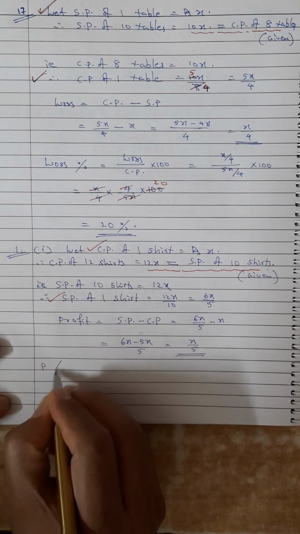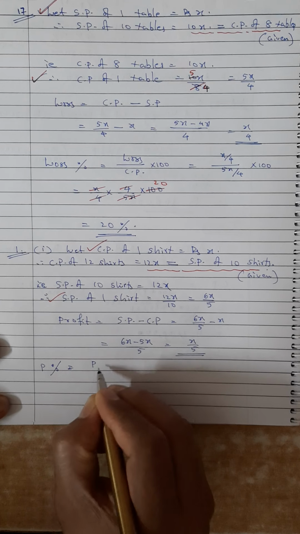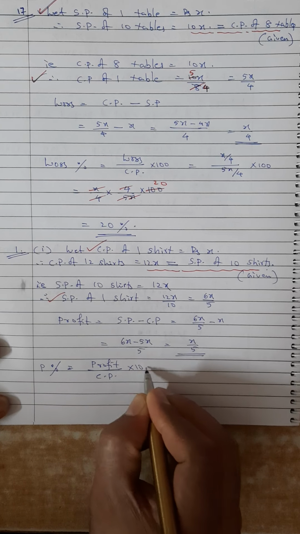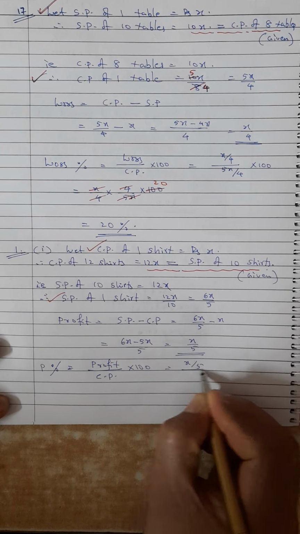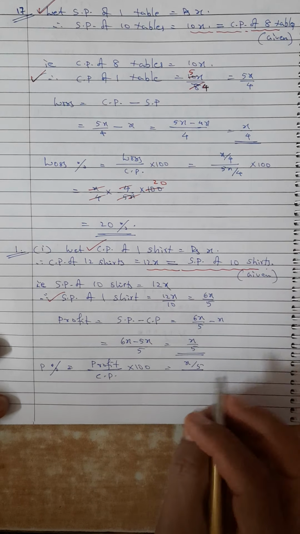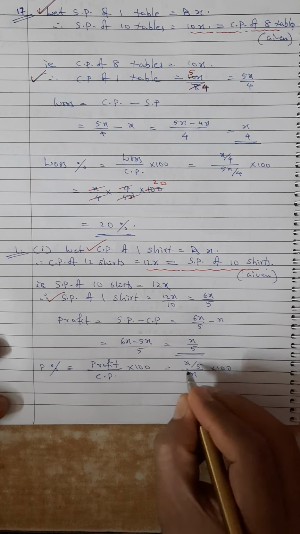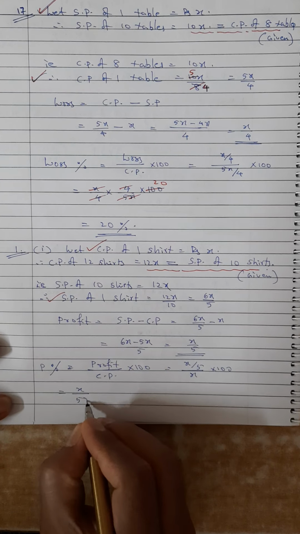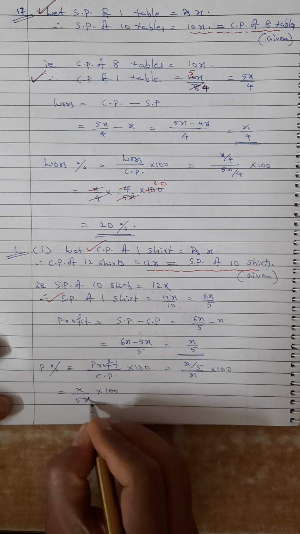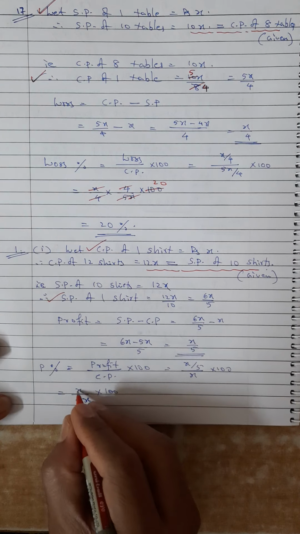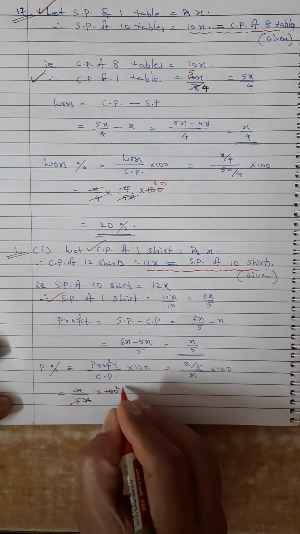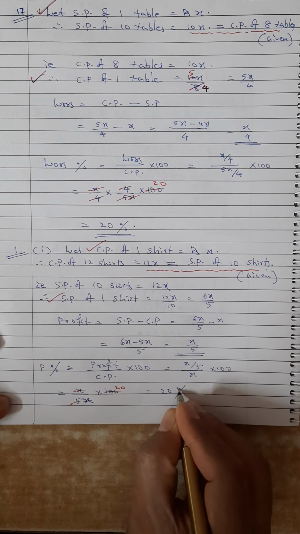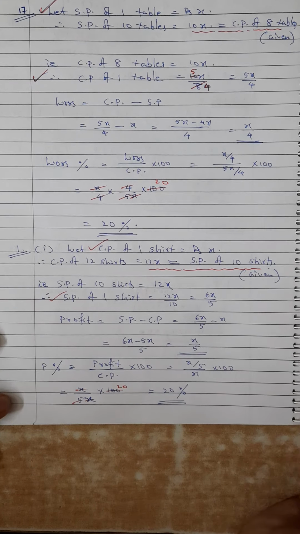Now profit percent means profit upon CP into 100. x upon 5 upon CP, which is x, into 100. It will go down, that is 5x into 100. x and x cancelled, 5 and this one 20, equal to 20%. I hope this type of question is clear.